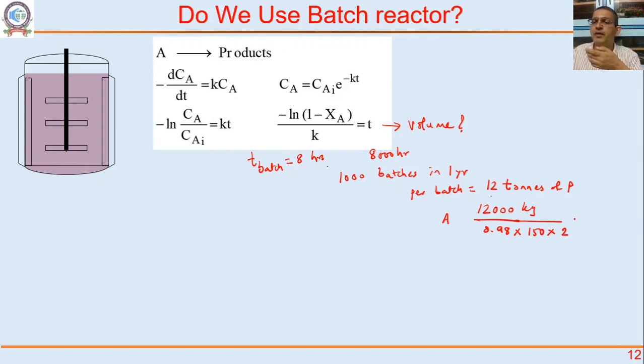These many meter cube of liquid would be there, provided that if the batch time is 8 hours, then I can do 1000 batches. So that will give me the volume of the reactor. But if the batch time is 8 hours, does it mean that this T is 8 hours? Is this the same as batch time?